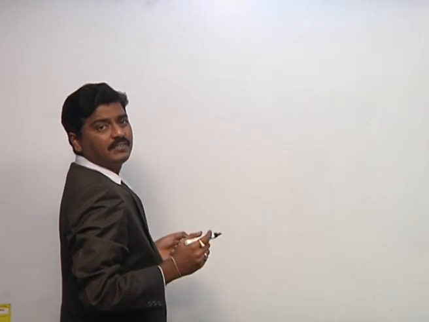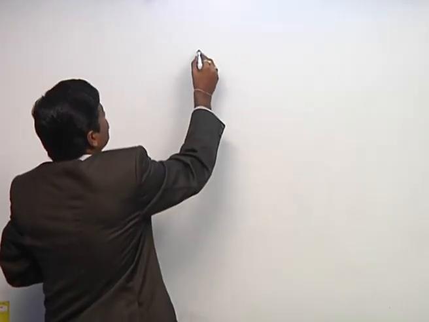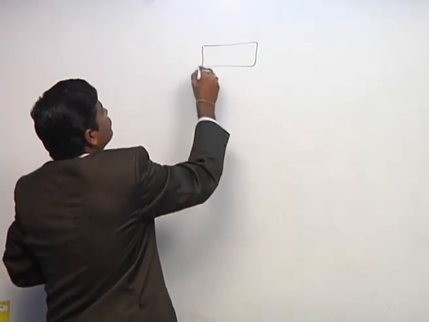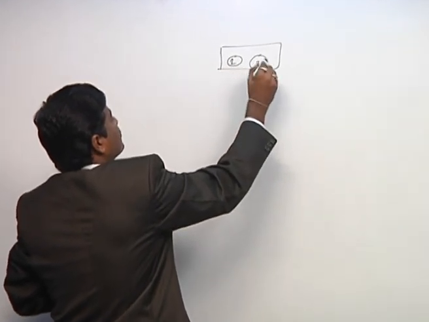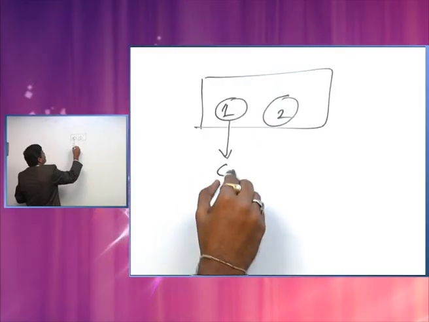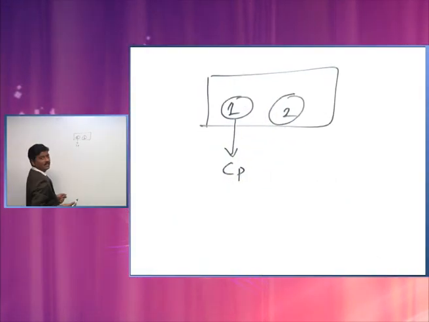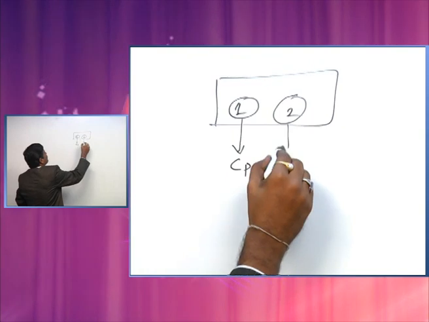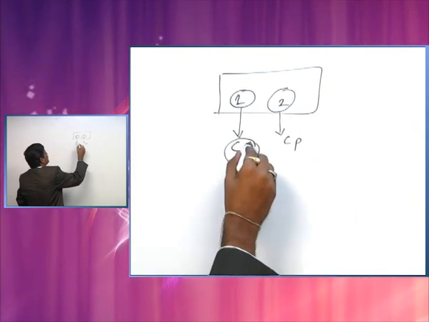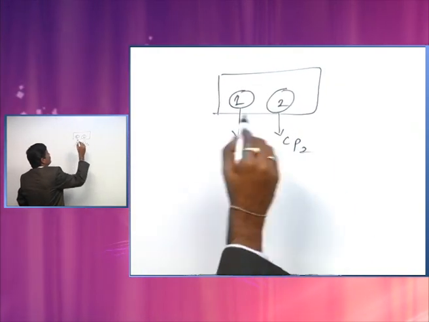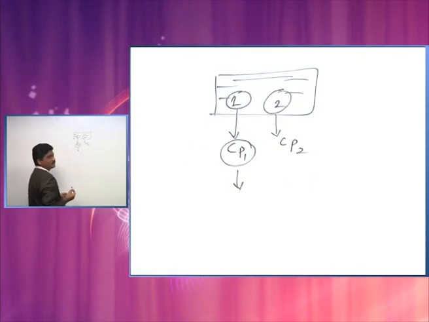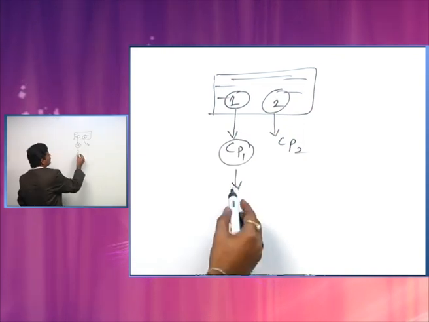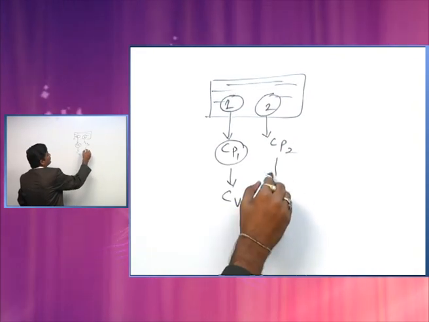Suppose they are asking for the common values of this, suppose this is a mixture, let gas 1 be present and gas 2 be present. It will have some Cp value, we cannot know whether this is monoatomic or diatomic, it will have some other Cp value. So Cp1 I am taking, and for the other gas Cp2. This is a completely mixed, non-reacting mixture, one gas cannot react with the other.